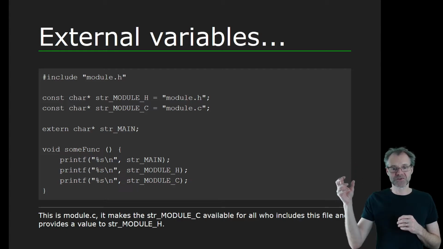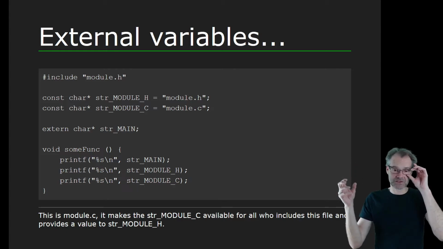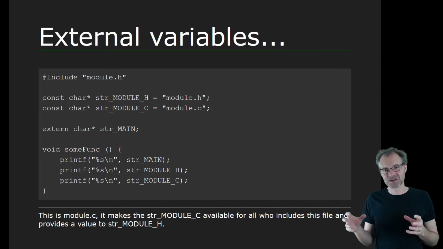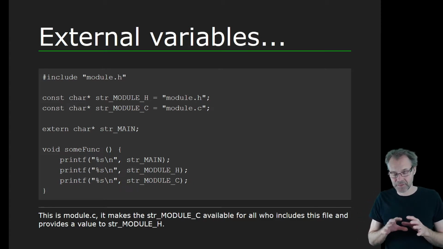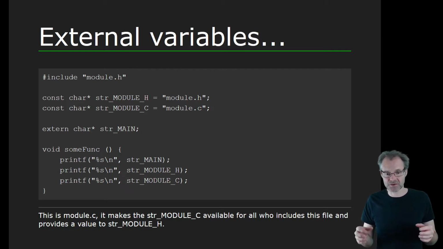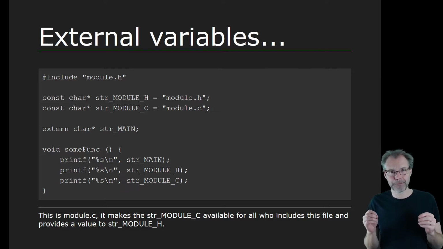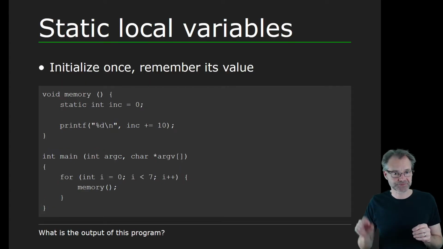So all these 3 values can be printed out here also. So this is a way of visualizing how global variables can be accessed from anywhere in the program. That might be good, or that might also be bad. You need to be aware of that. This is the way it works.